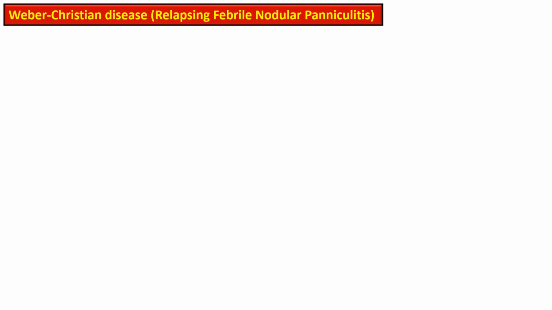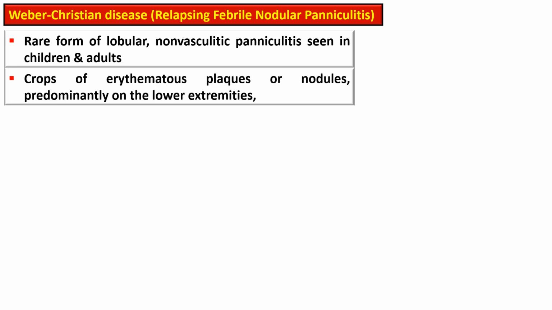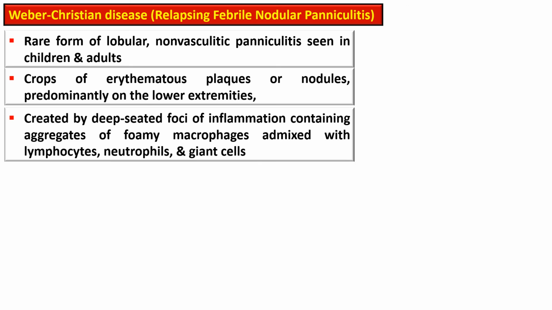There are very rare forms of panniculitis. One is Weber-Christian disease, that is relapsing febrile nodular panniculitis. This is a rare form of lobular non-vasculitic panniculitis that is seen in children and adults. There are crops of erythematous plaque or nodules, and these are predominantly present on the lower extremities.